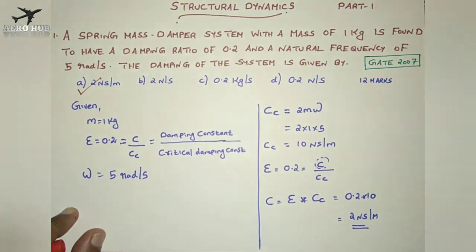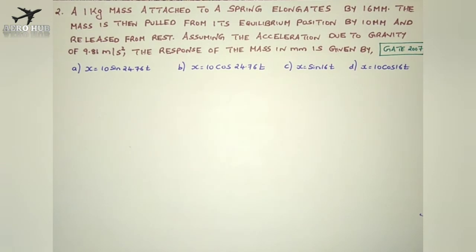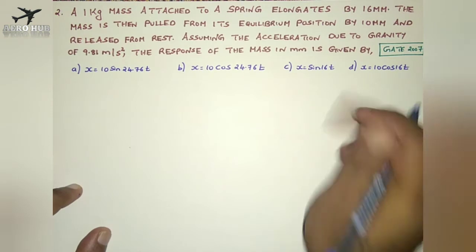We'll go for the next problem. A 1 kg mass attached to a spring elongates by 16 millimeter. The mass is then pulled from its equilibrium position by 10 millimeter and released from rest. Assuming the acceleration due to gravity of 9.81 meter per second square, the response of the mass in millimeter is given by, and this question was asked in GATE 2007.